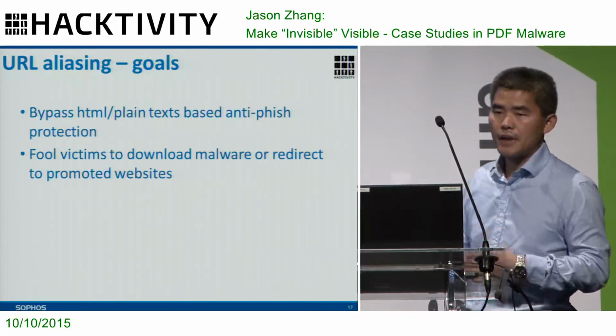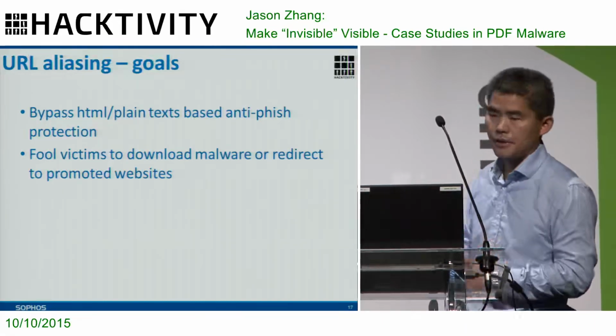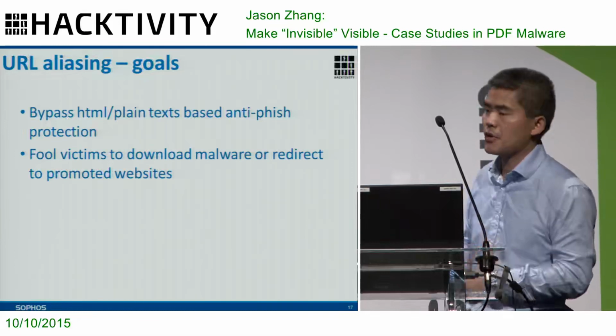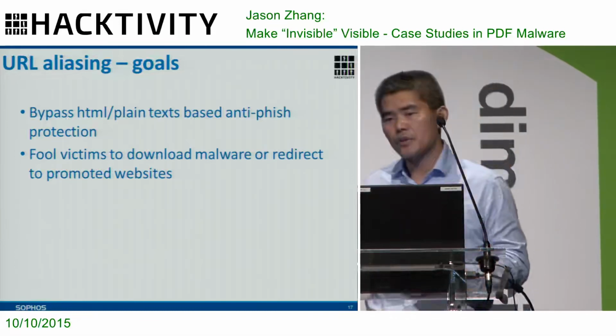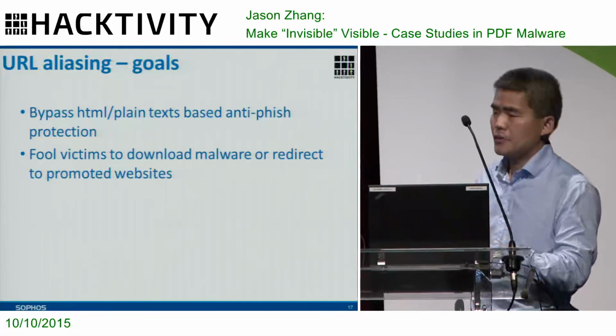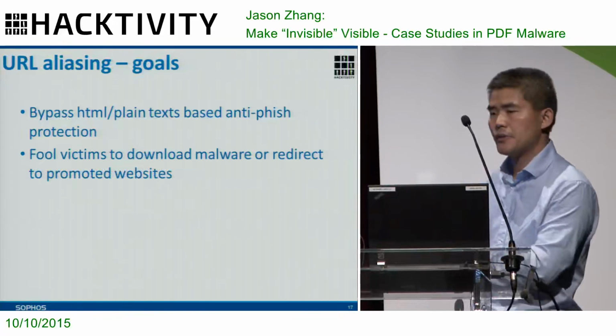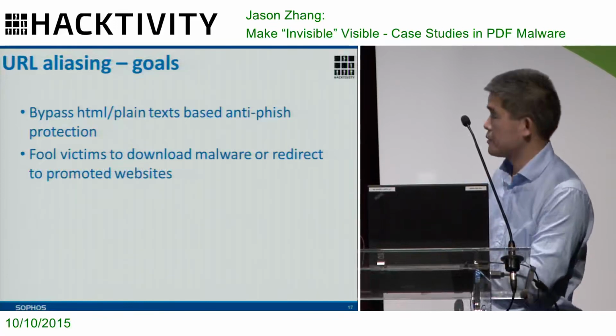So it's easier for the AV vendor to add a detection to block this kind of phishing, because you have fewer false positives. But in the PDF example, because you only have plain text and the phishing link, it's hard to balance the false positives and the false negatives. So you have to keep the false positives very low.